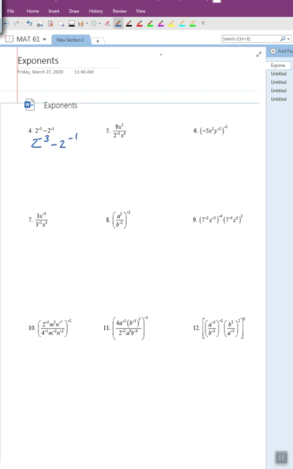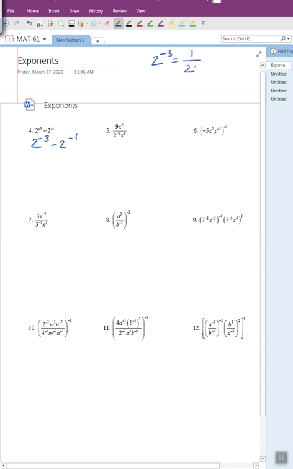Okay, first of all, what is 2 to the negative 3? It's 1 over 2 to the positive 3, which is actually just 1 over 8.